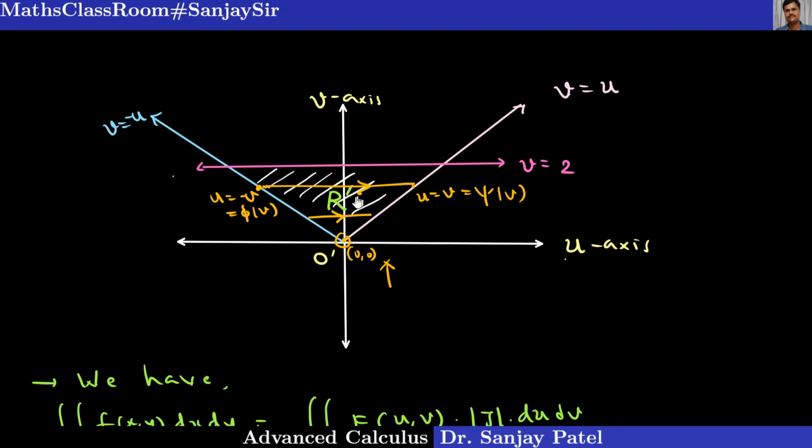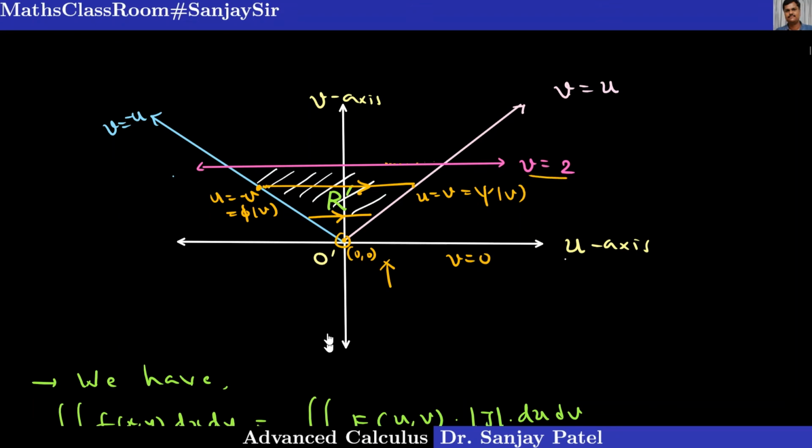And when you exit the region, the maximum value of v is on this line. We have to come out of this region through this line v equal to 2, this pink line. At any point on this pink line, the value of v is 2. So our v varies from v equal to 0 to v equal to 2.